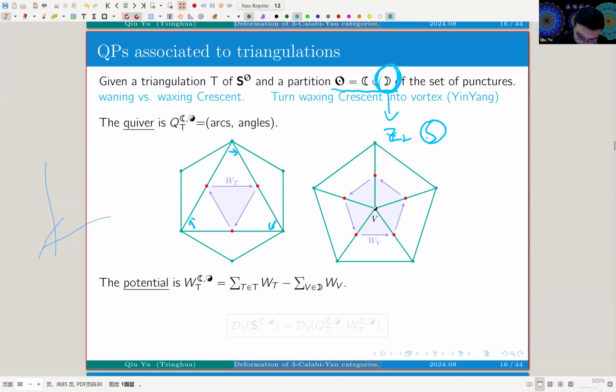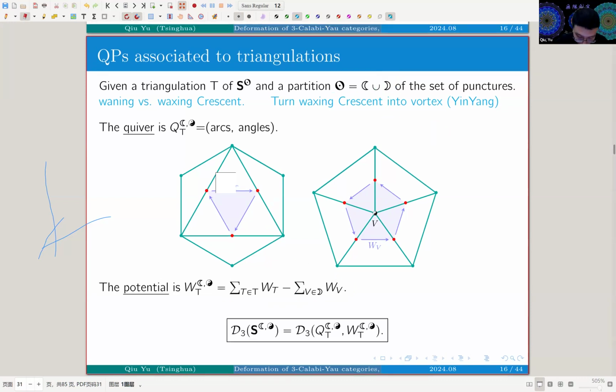I will draw things with this yin-yang or Z2 symmetry symbol, meaning that for those types of puncture in the potential, we will subtract the cycle around it. This is a slight change from the classical cluster story. Then for this quiver with potential, we can get a Calabi-Yau 3 category. So it depends on the choice of this partition of the puncture set.